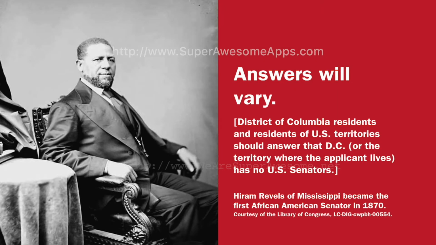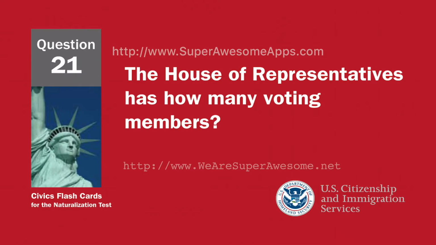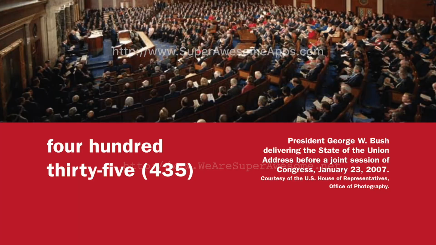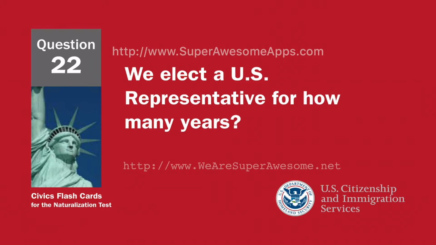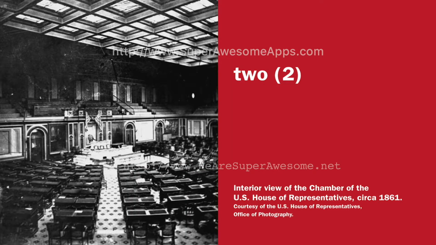Answers will vary. The House of Representatives has how many voting members? 435. We elect a U.S. representative for how many years? 2.